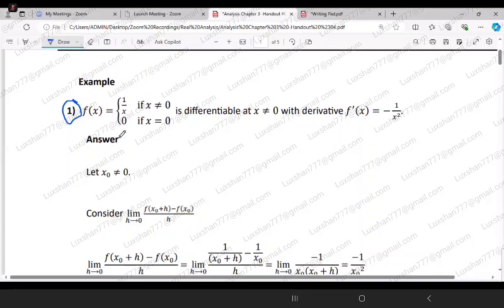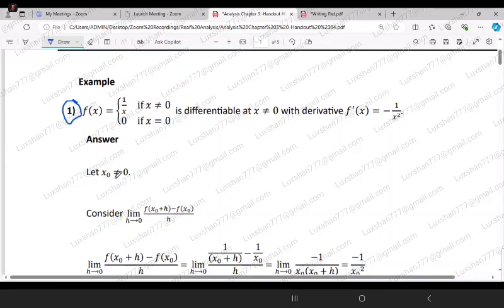This function is defined on R, and it is differentiable everywhere except x equals 0. Therefore, we consider two cases. One is that x is not equal to 0, and we are choosing an arbitrary point x naught on R, so x naught is not equal to 0.